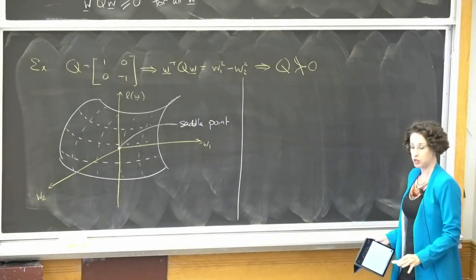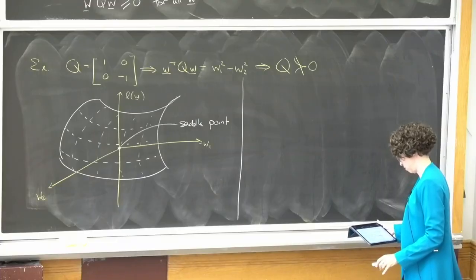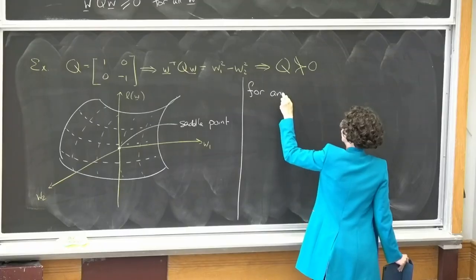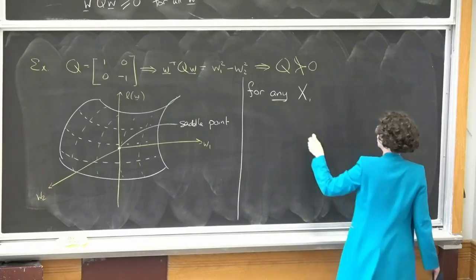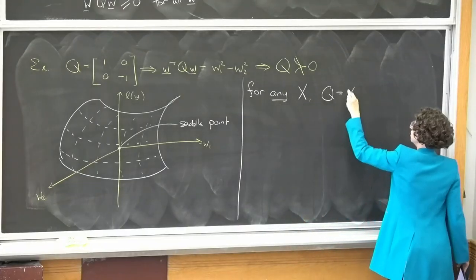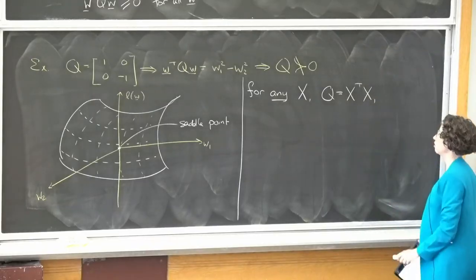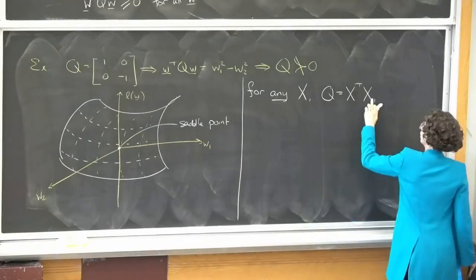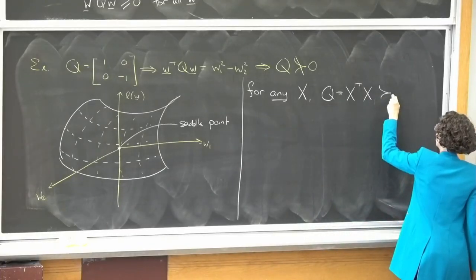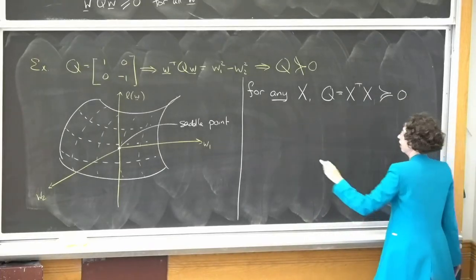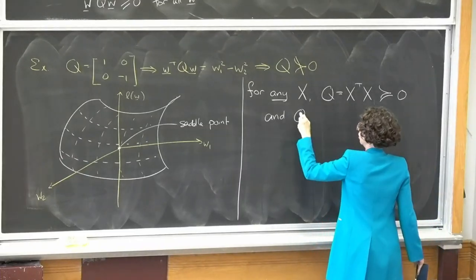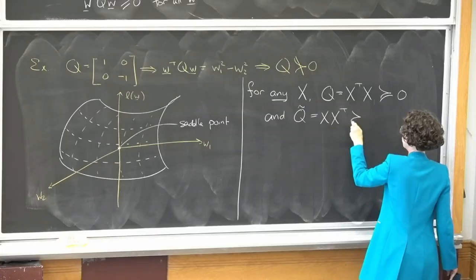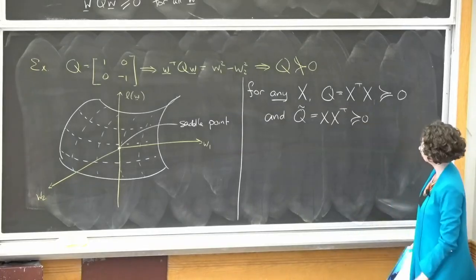But there's one that I really want to emphasize because it's super important for this class, which is for any matrix X, if we were to compute Q as X transpose X, so now Q is a square matrix, then that matrix is positive semi-definite. And similarly, some other Q tilde that's equal to X X transpose is also positive semi-definite.